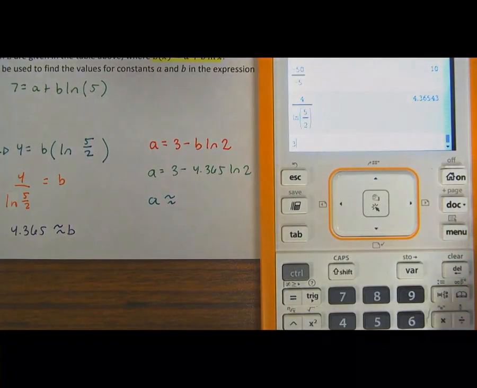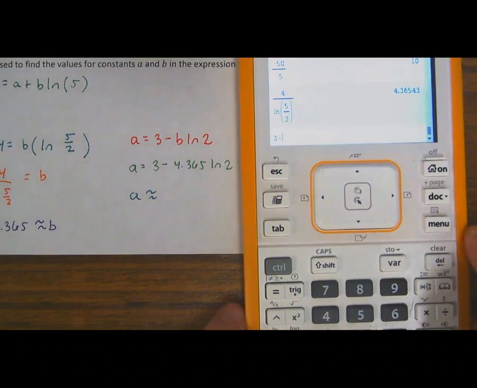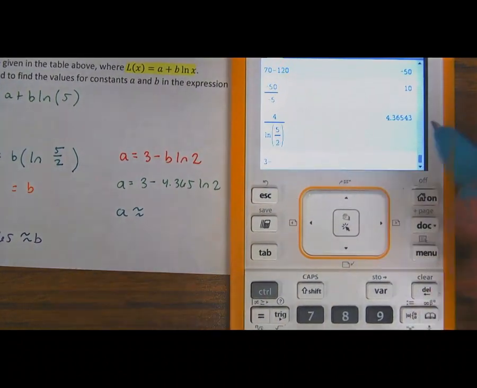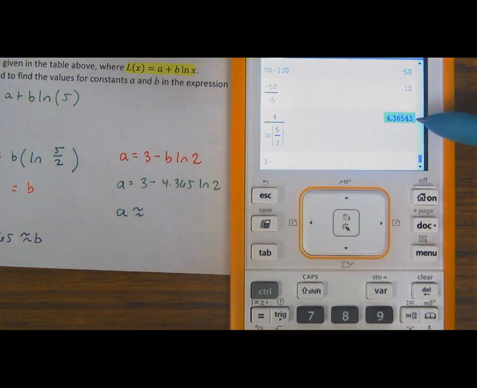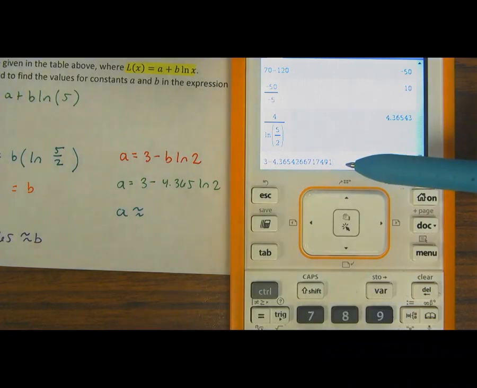3 minus, and then if you're really savvy with your technology here, you can just go up here and highlight that original answer we got for B, and we can paste it down, and look, it doesn't truncate it as much. So we can get a way more exact answer than if we type in 4.365.